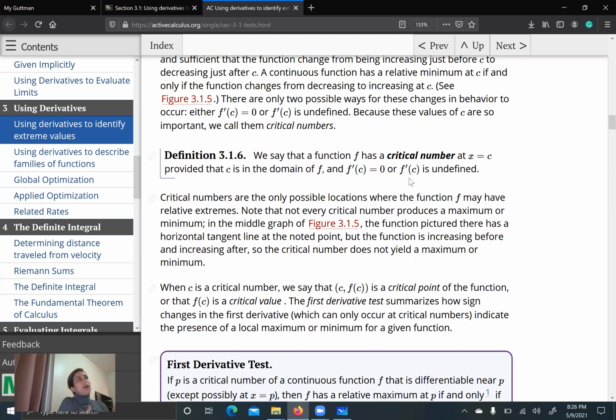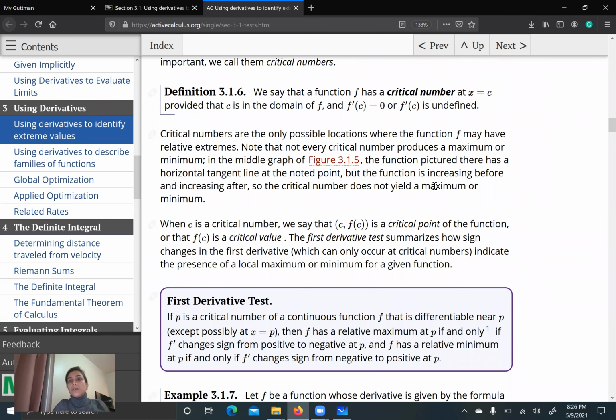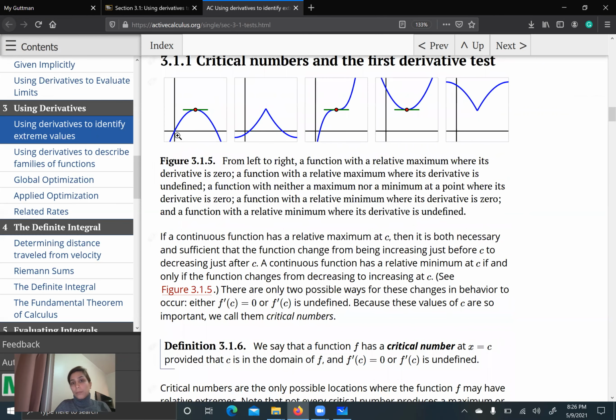So if the question is to find the critical points of a function, just take the derivative and find the points where the derivative is 0 or does not exist. So the first step is that. The second step is to determine which of these critical points are minimum, which are maximum, and which are neither maximum nor min.